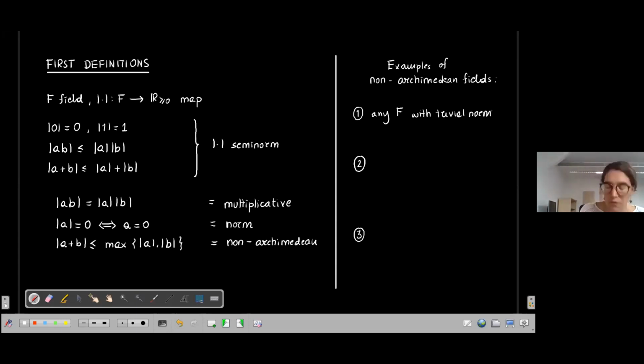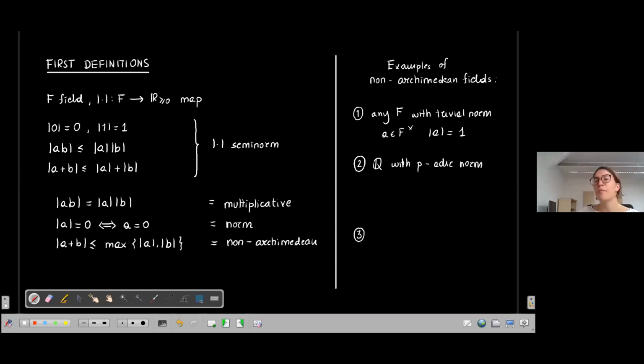This means that for any element A in F that is different from 0, because we know already that the norm of 0 has to be 0, the norm of A is equal to 1. You can check that this satisfies all our conditions. Then the second example that I want to mention is when we consider the rational numbers with the p-adic norm.